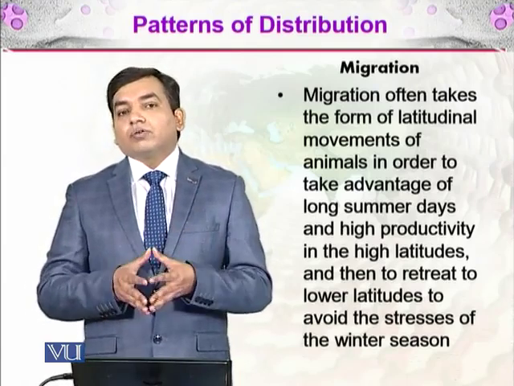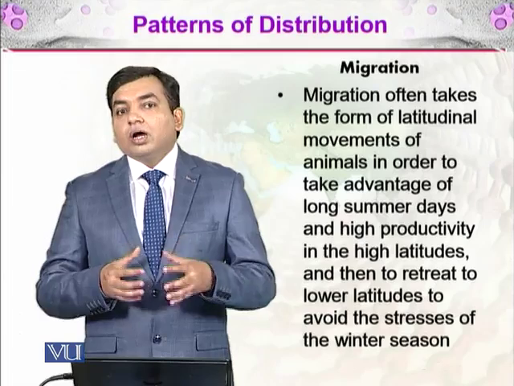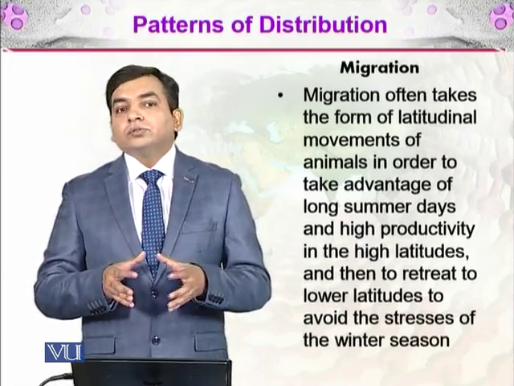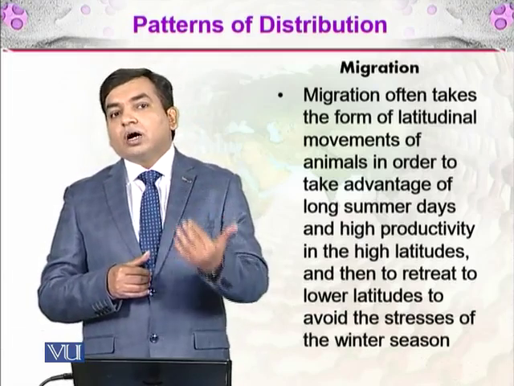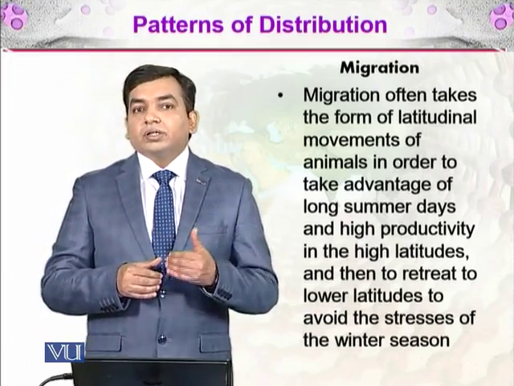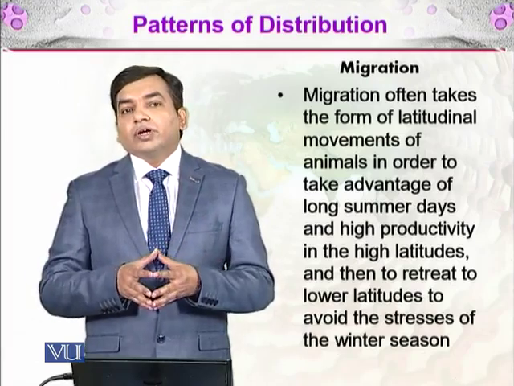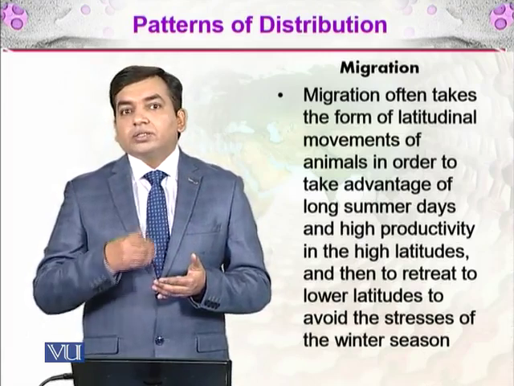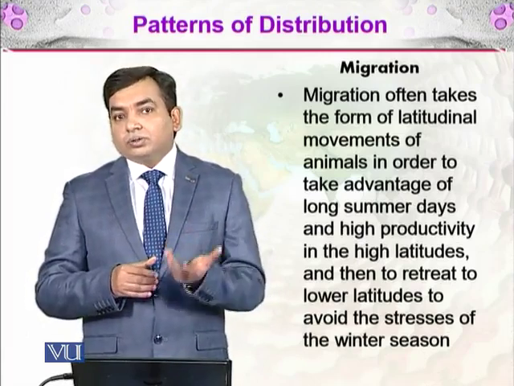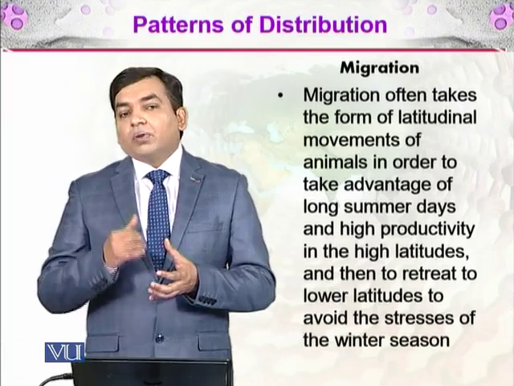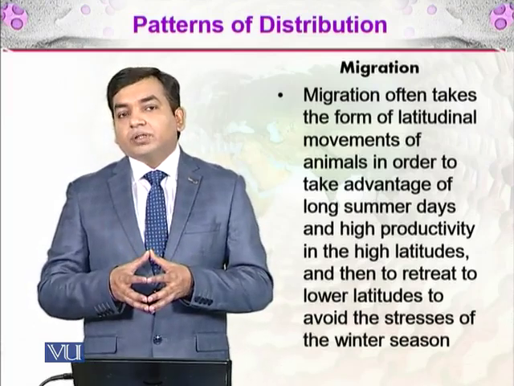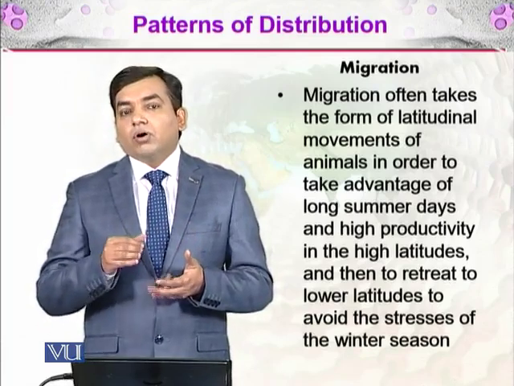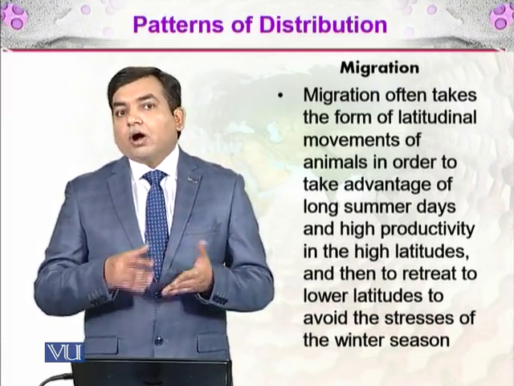If you are familiar with geography, you will see that in June or July, when it is winter in the southern hemisphere, it is summer in Asia, Europe, and North America. But at the same time, in June and July, there will be winter in Australia, New Zealand, South Africa, or South America.